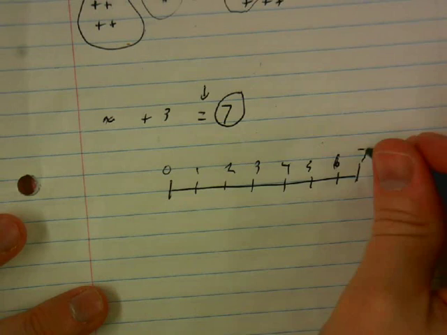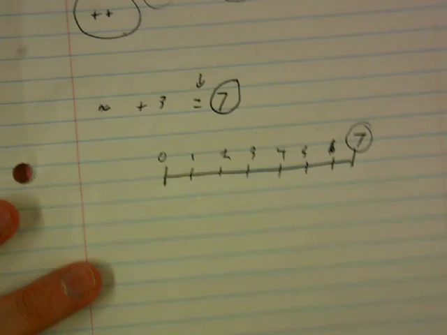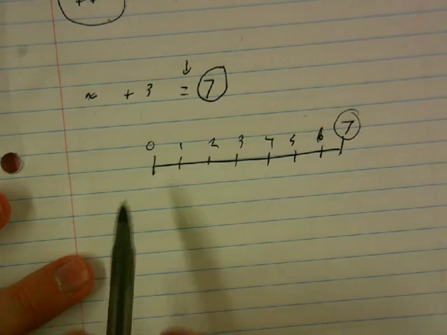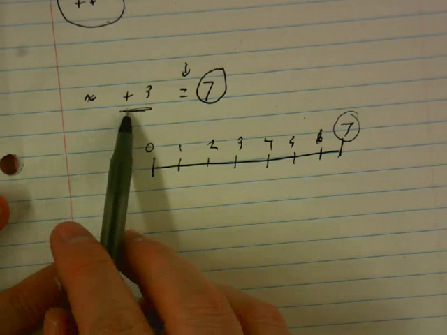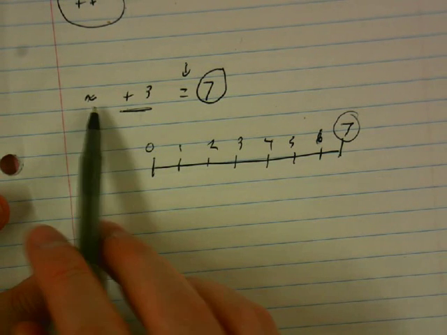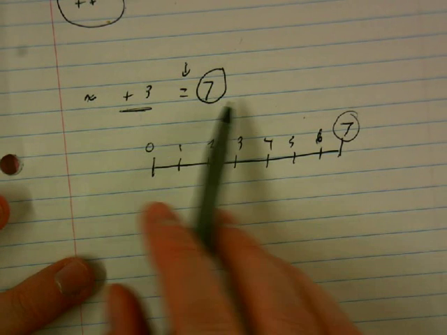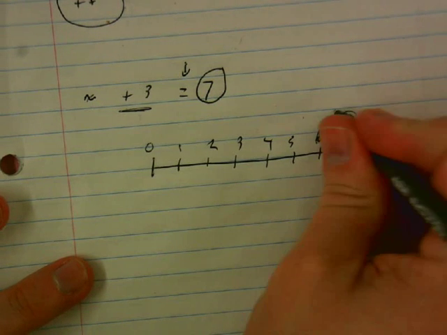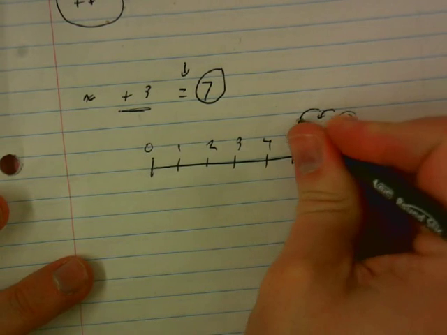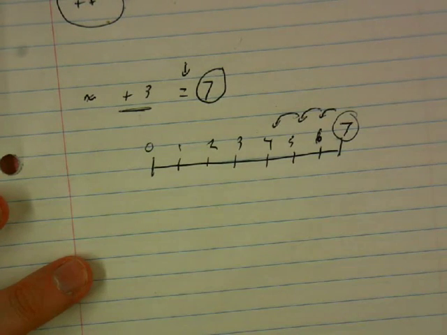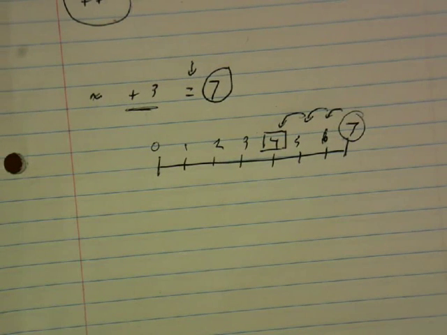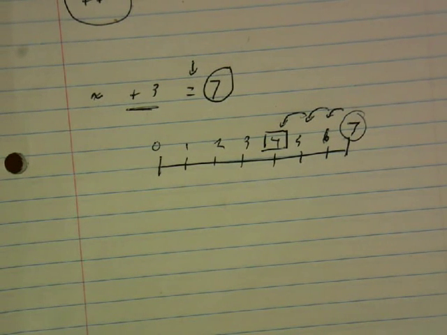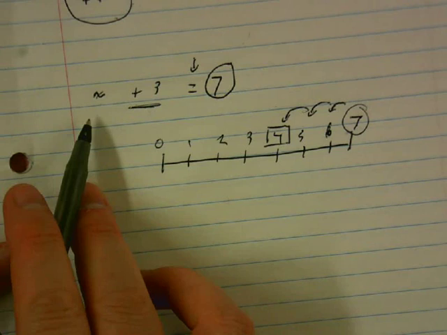This is where I finish. If I have to add 3 to a number that I don't know to get to 7, then if I start at 7 and go back 1, 2, 3, I'll know where I started, and that means my starting place is 4. So once again, my x, or my unknown value, is 4.